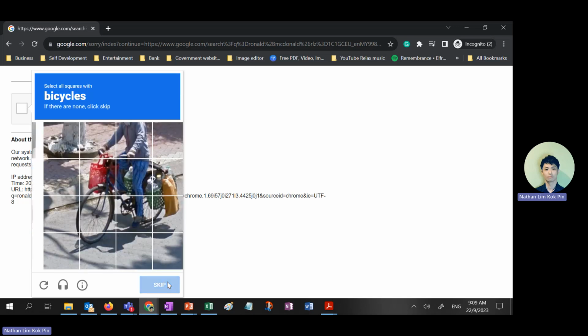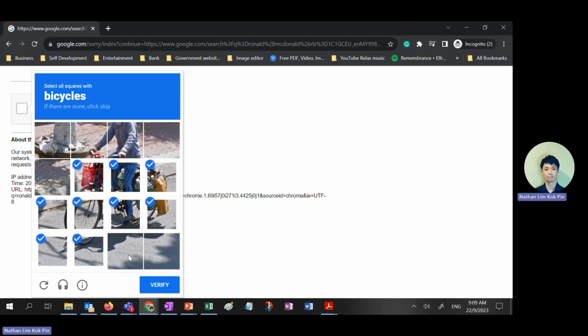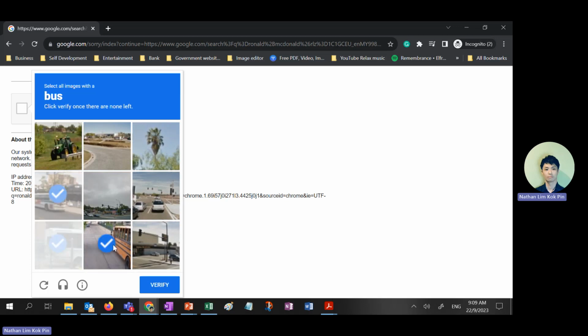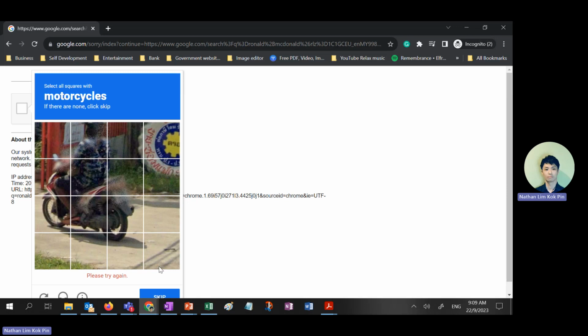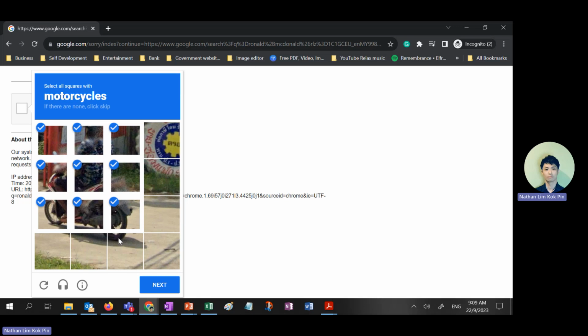Is that considered a bicycle? Is this a bus? It's a camper van, right? Is the tire considered a motorcycle or not?